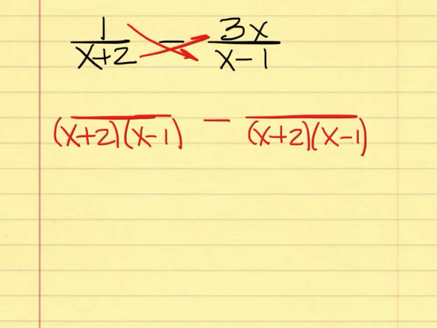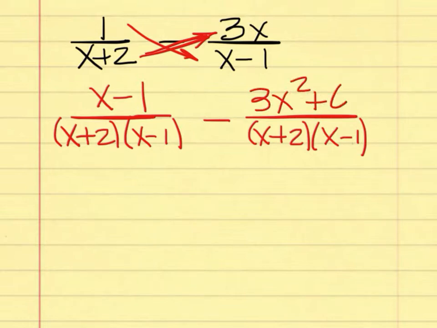Yeah, you would cross multiply. That's right, where I wrote the arrows already. So you would multiply 1 times x minus 1 and put x minus 1 there. And then x plus 2 times 3x. X plus 2 times 3x is 3x squared plus 6x.